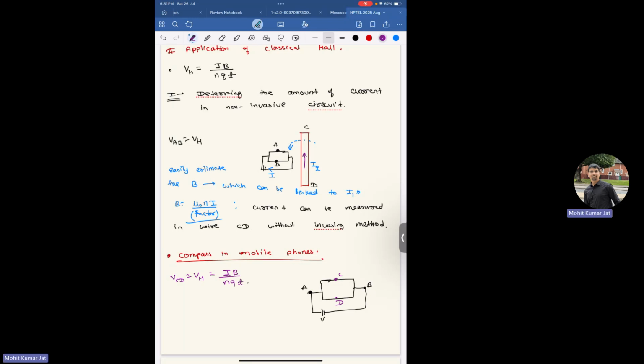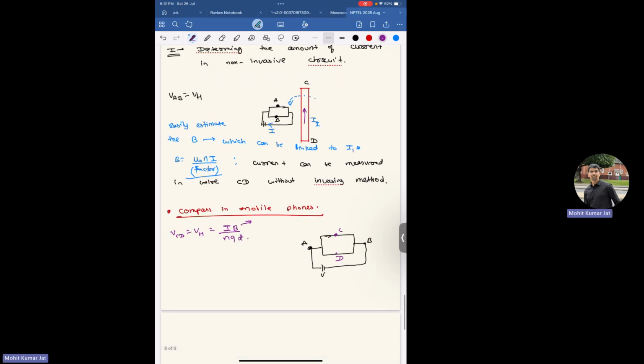Since Earth has its own magnetic field, this B will be determined by the Earth's magnetic field, and knowing the voltage VH, one can determine the magnetic field of Earth, and therefore the direction north south. So this is how the compass works.